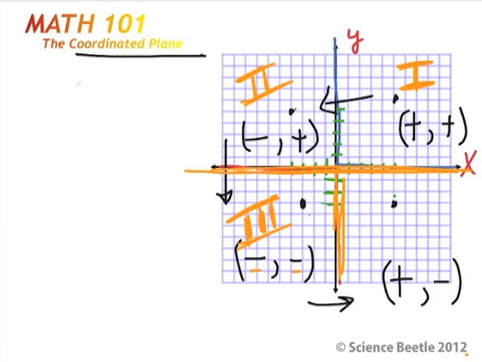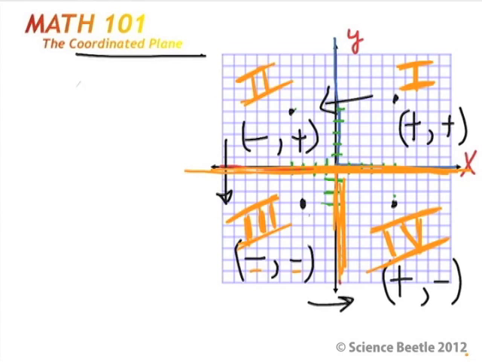And in the last section here, section 4, the numbers here are going to be positive for the x's, and the y's are going to be negative. And the reason the x's are positive is because we're to the right of the 0 line, and they are negative for the y because we are below the 0 line on the y, which is right here.